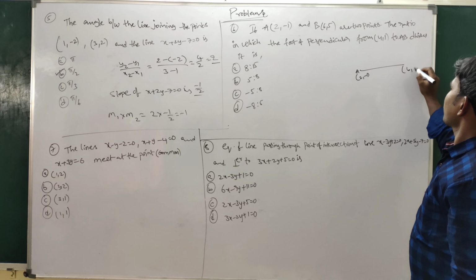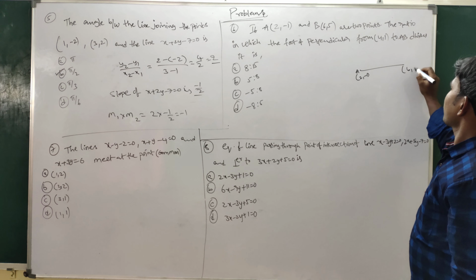First of all, the slope of AB is (5 minus 1) by (6 minus 2), that is equal to 6 by 4, 3 by 2.